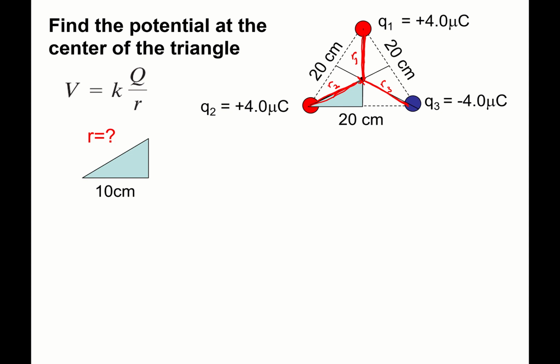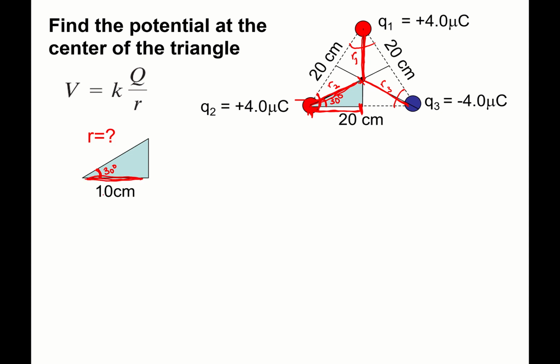So the horizontal side of that triangle is half the side of the triangle, so it's going to be 10 centimeters. And I know that this angle in here has got to be 30 degrees because the angles of an equilateral triangle are 60, and I'm taking half of that angle. So if I look at it, the side that I know, the 10 centimeters, is adjacent.